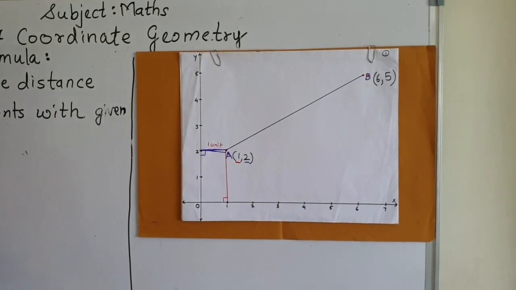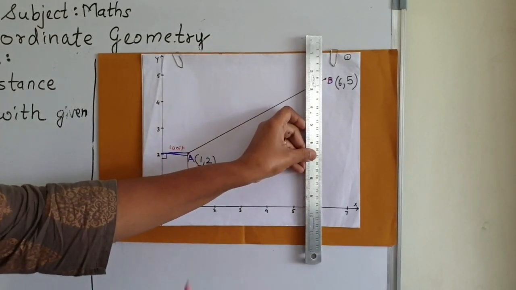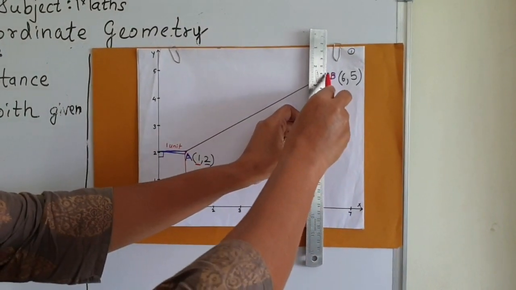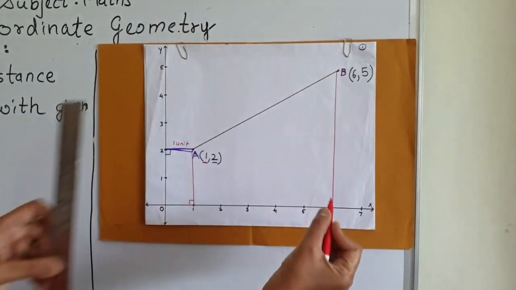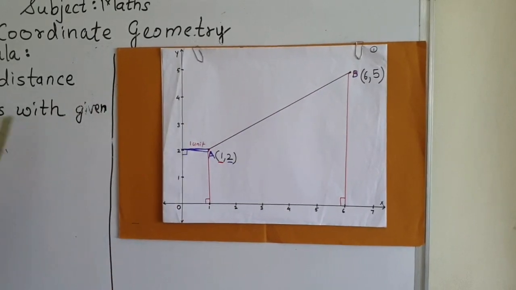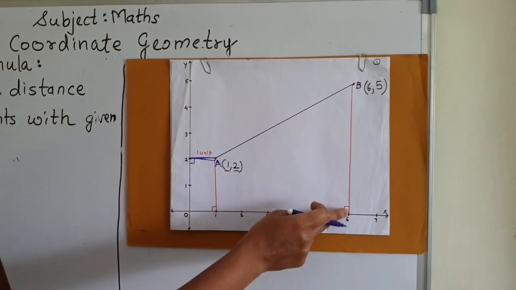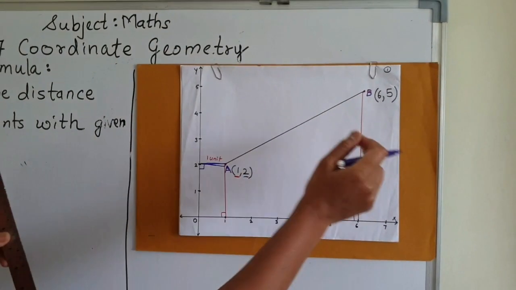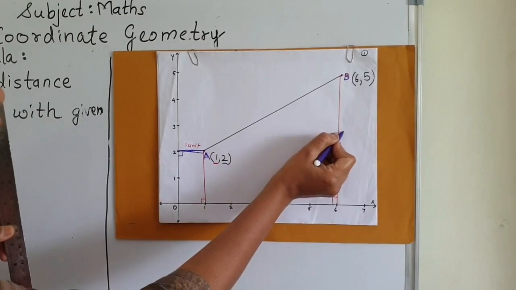Similarly, we are drawing a perpendicular from point B on x axis. So now you can easily find that the distance between x axis and B, that is vertical distance, will be these 5 units.